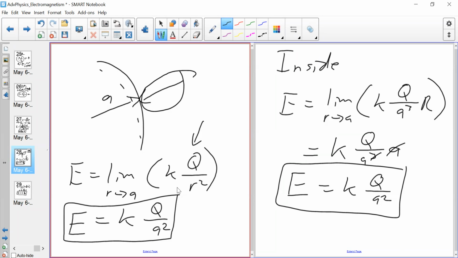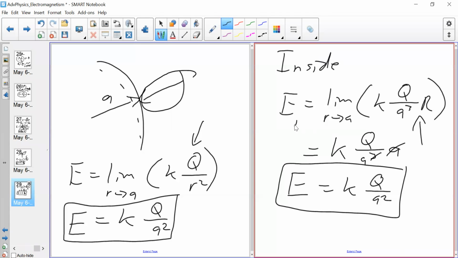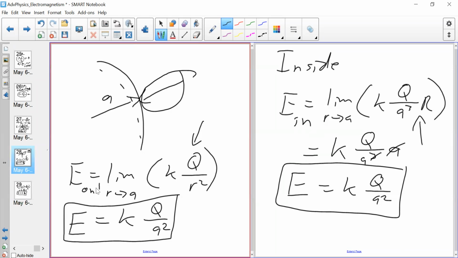But in this situation, our electric field is the same. It doesn't matter. Even though this is our value from the inside, at this point, it's the same. So these are different ways of treating and looking at this scenario.